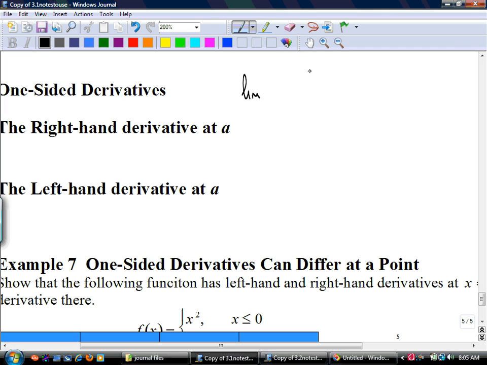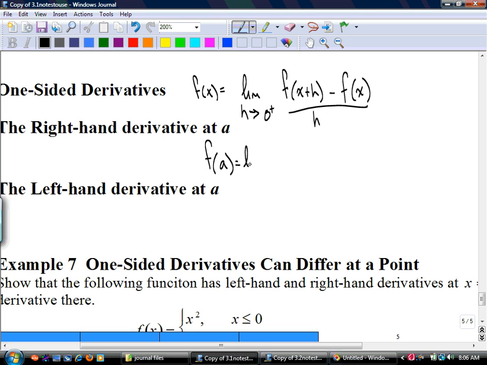Sorry, I am not an a person. So a right-hand sided derivative looks like that. If I want to do the right-hand side derivative of a, all I'm going to do is take out the x and put in a.